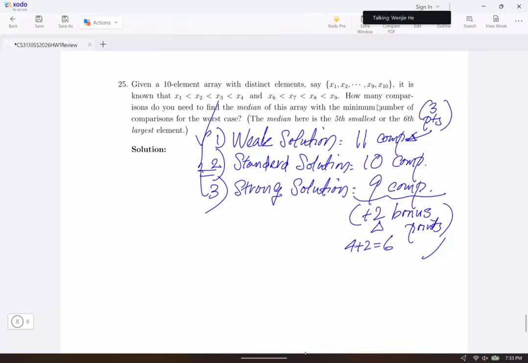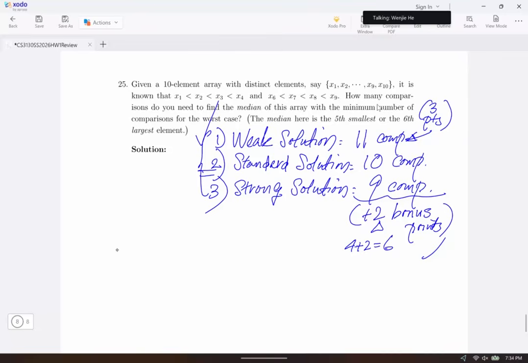For the standard solution, you really need to make some unusual effort. For the strong solution, you need to have some very smart idea. Those ideas are very hard to find. In that situation, you can get a strong solution.